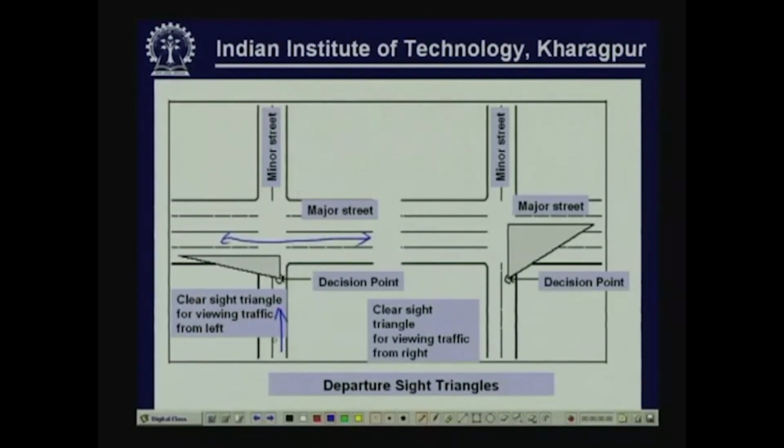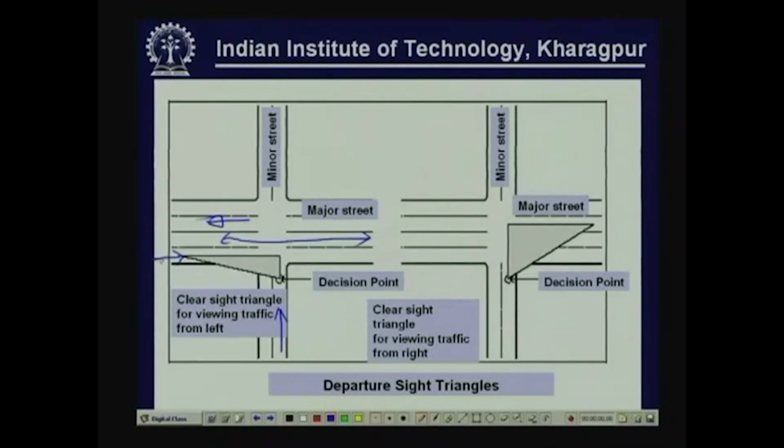So, let us follow the AASHTO convention or US convention. That means, driving is like this, as shown here. So, when this vehicle is trying to enter into this area, it is possible that a vehicle may come from the left side.